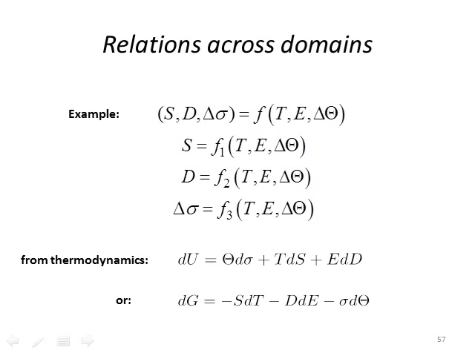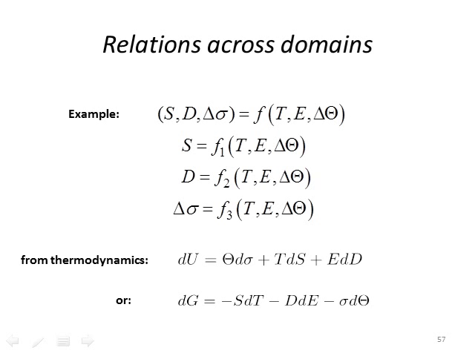So then the relationships across the domains. This is our example. We have strain, dielectric displacement, and then the change in the entropy is equal to a function of the stress, electric field, and change in the temperature. So then S, D, and delta sigma are functions of these three variables.